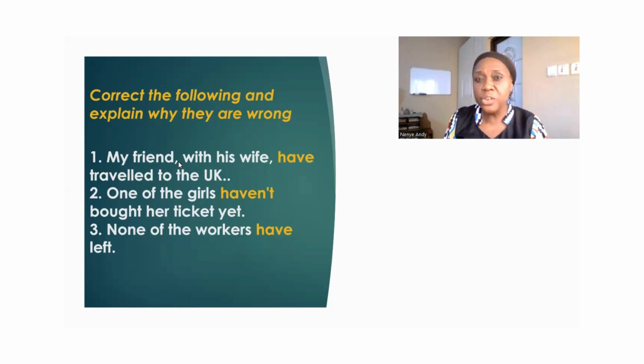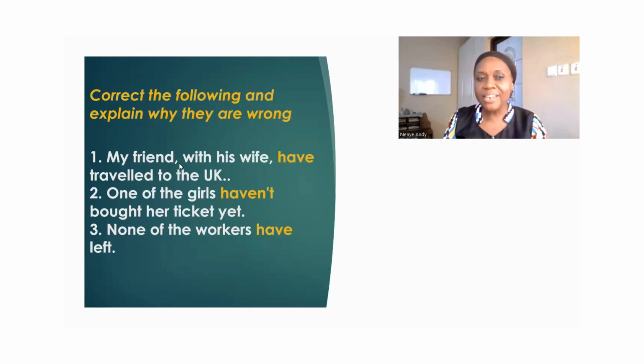And that's why you will notice that it's set out with commas. There's a comma here and there's a comma here, meaning that this is just additional information. It's not going to be noted when you're referring to whether it's singular or plural. So my friend is the major subject and it still has.